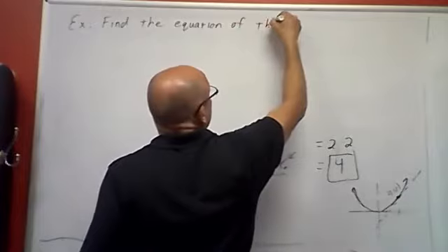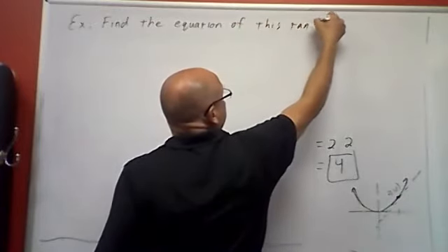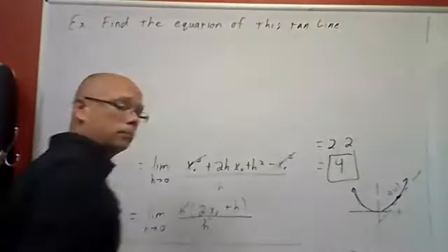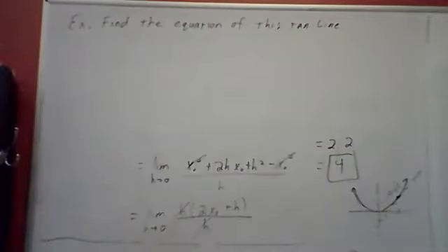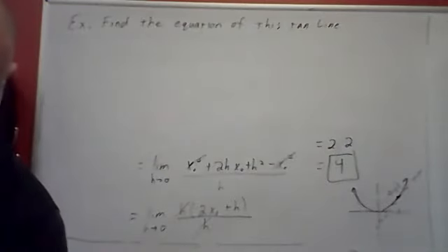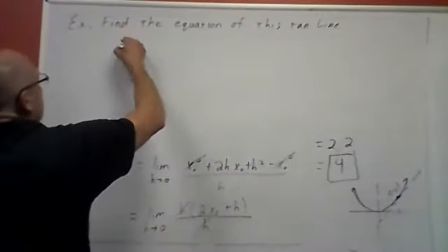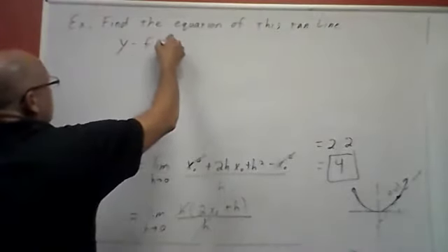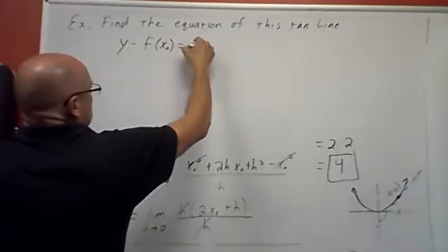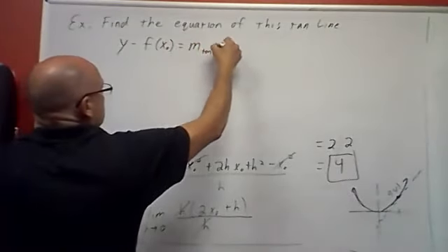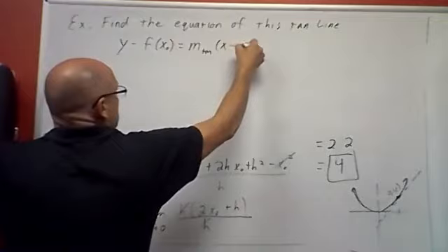All right, how did we say we're going to find the equation? We're going to use that point slope form, right? Y minus f of x naught is equal to m tan times x minus x naught.